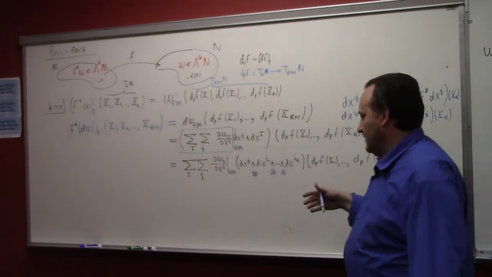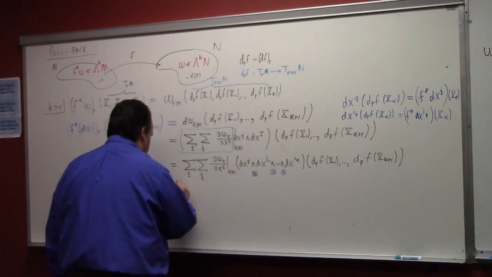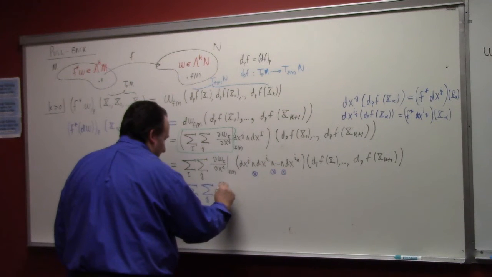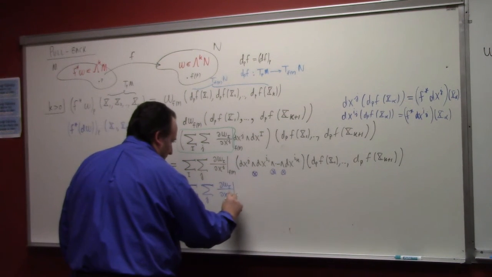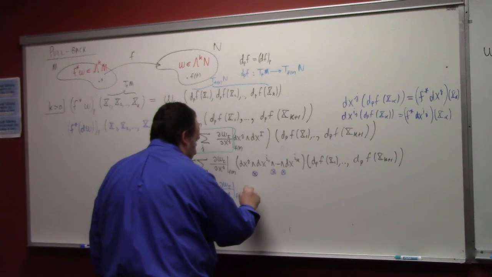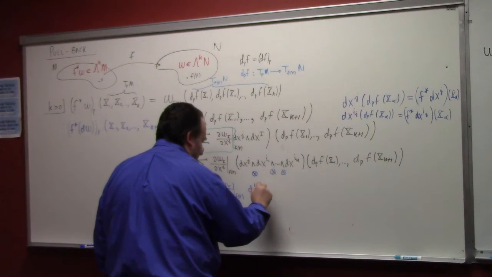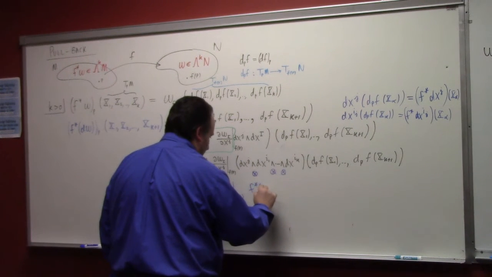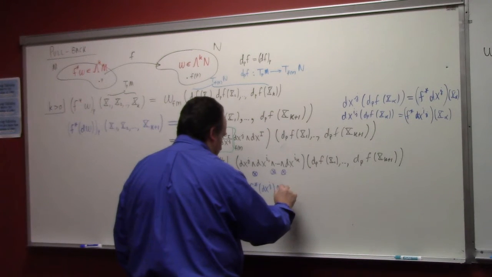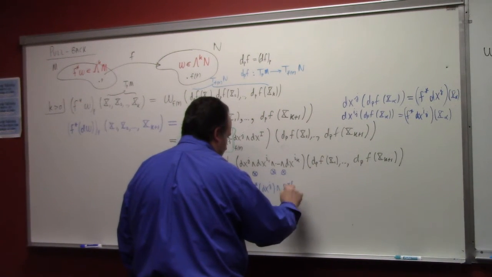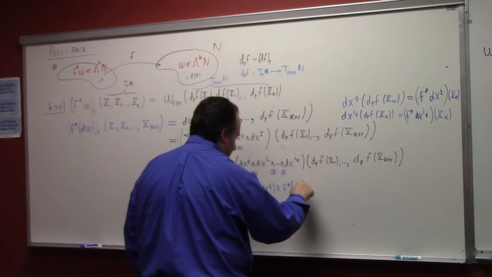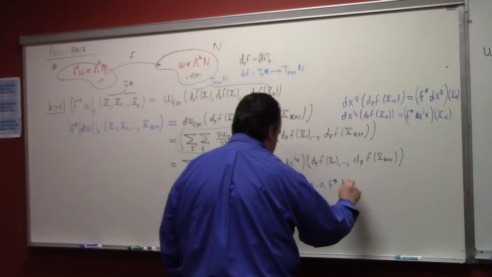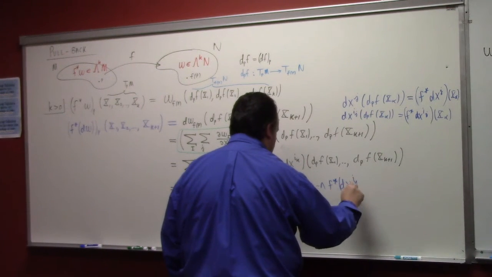So that's why in the notes I basically go from here to the next step: sum over I, sum over j, partial omega I, partial x j at the point f of p, and then we're looking at f pullback the differential of x j, wedge with f pullback the differential of x i1, wedge, wedge, f pullback the differential of x i sub k, all right?